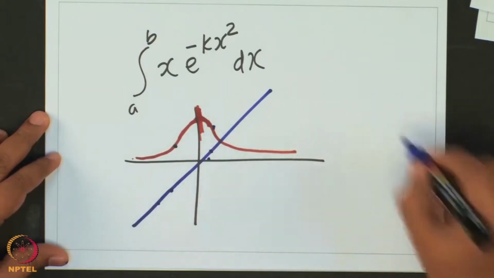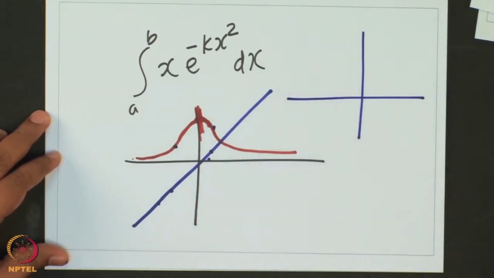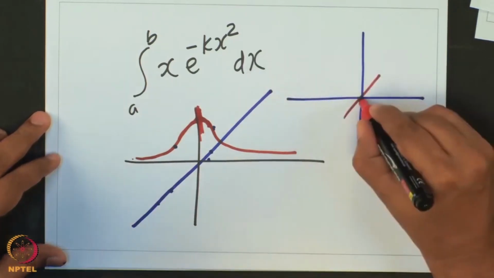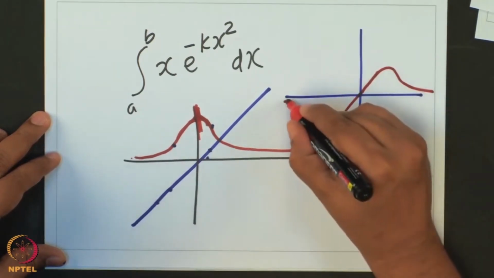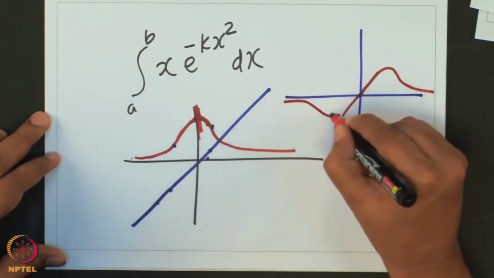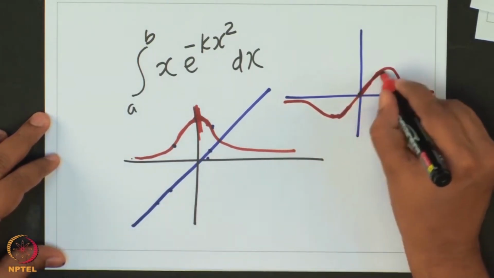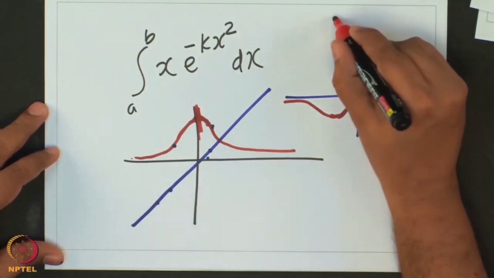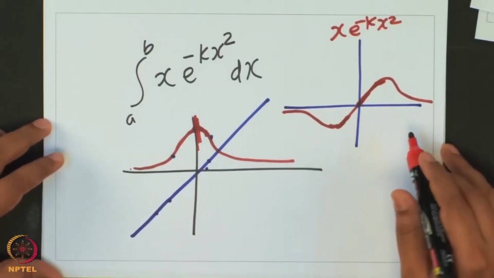And it turns out that if I plot x e power minus kx square, I would get a rising part here and a dying part like this, nicely symmetric, roughly like this. This is my x e power minus kx square function.